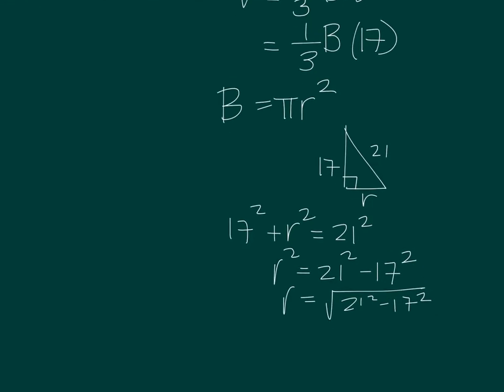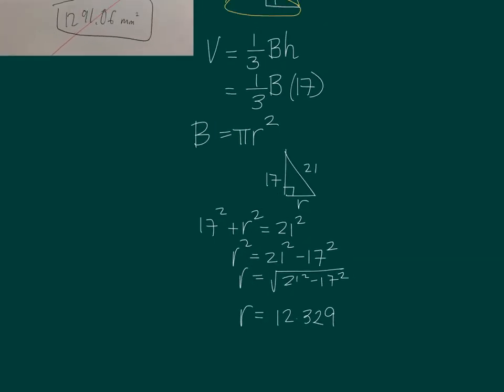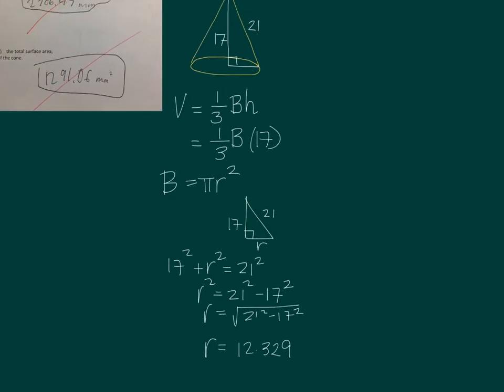So let's find the exact value. The square root of 21 squared minus 17 squared is equal to 12.33. We can use 3 decimal places for the initial computation, so r is 12.329. Now we are ready to find the volume.